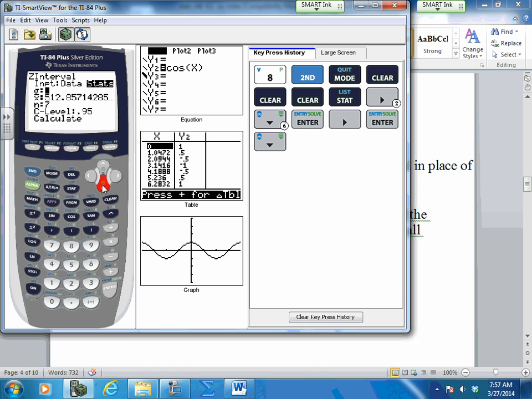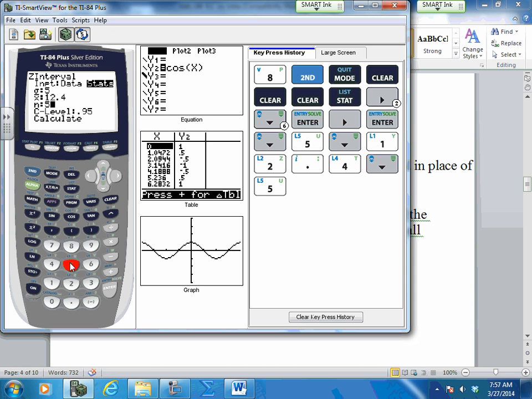Your standard deviation from that example was what? 5.0. Okay, your standard deviation was 5. Your sample mean was what? 12.4. Okay, there's your N, 54.